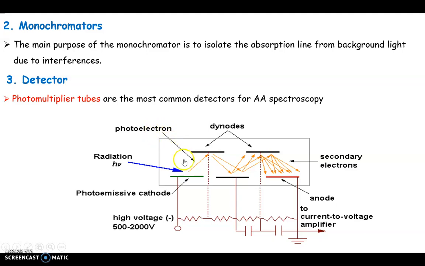Now this liberated photoelectron comes in contact with the electron active surfaces which are called dynodes, and it generates more and more electrons which are called secondary electrons, and these secondary electrons get attracted towards the anode, which causes the current to flow.